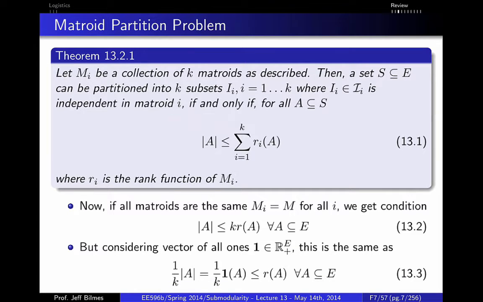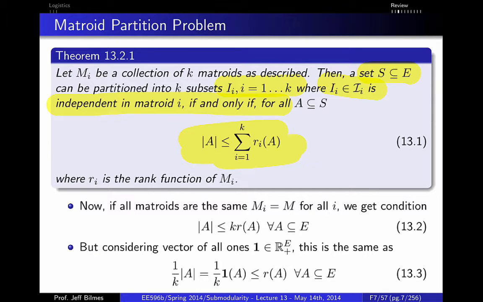This was a theorem that we talked about last time, which was the matroid partition problem. This is essentially saying that you can take a set S and partition it into K independent sets, where each is independent with respect to a particular matroid, if and only if it's the case that for all subsets A, inequality 13.1 is true.